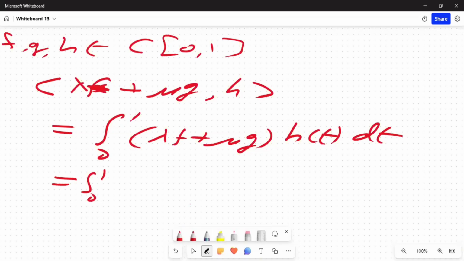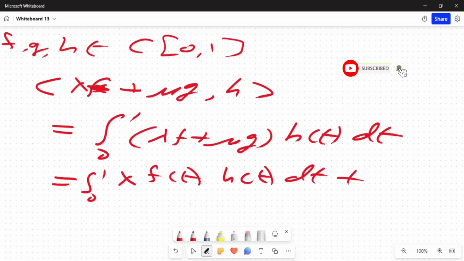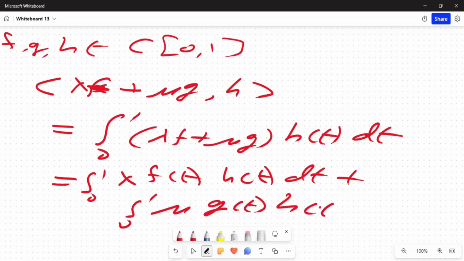This is equal to the integral from 0 to 1. You can open the bracket: lambda f of t h of t dt plus the integral from 0 to 1 of mu g of t h of t, right?